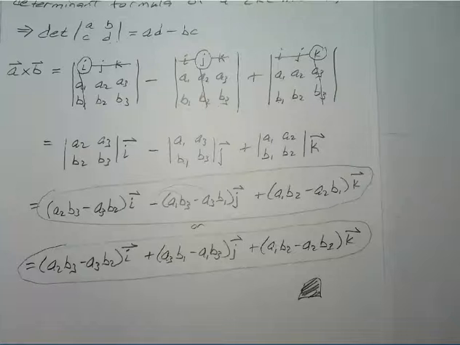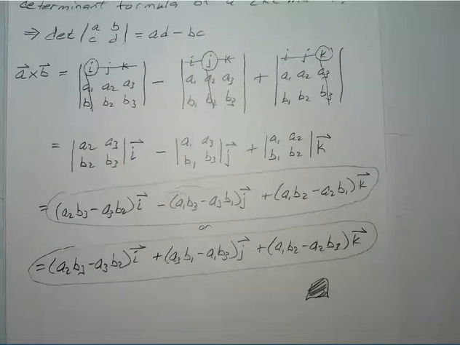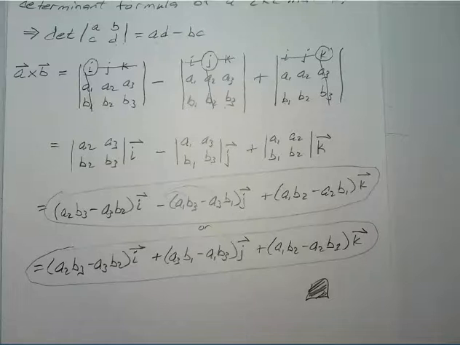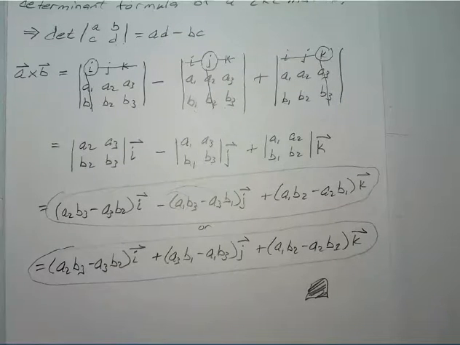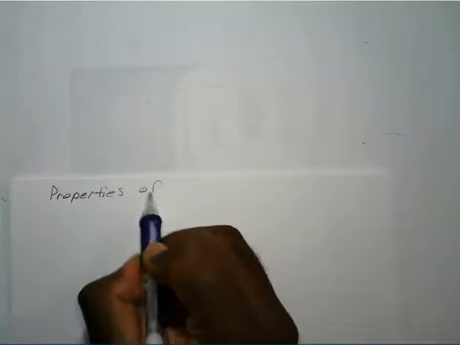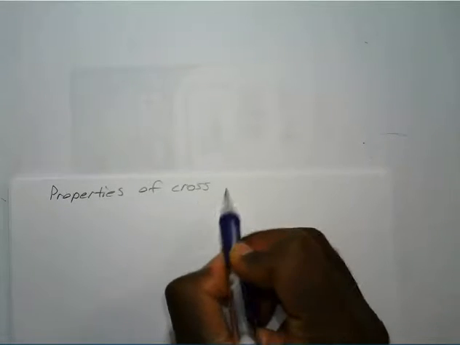If you are still writing, feel free to press pause, but we're going to go ahead and look at some of the properties of cross products. Okay, properties of cross products.